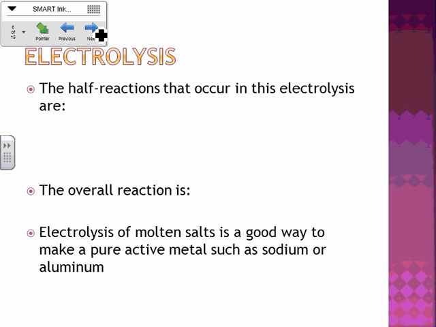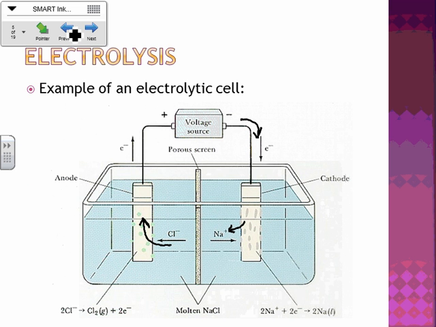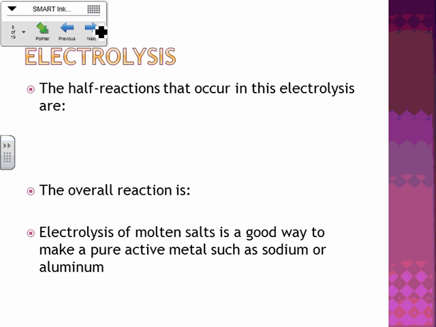All right. So the half reactions that occur, well, I just showed them to you, but we can rewrite them here. You've got the sodium being reduced: 2 Na+ plus 2 electrons yields 2 Na, and at this high temperature, that's going to be a liquid. As you allow that to cool, it's going to solidify.